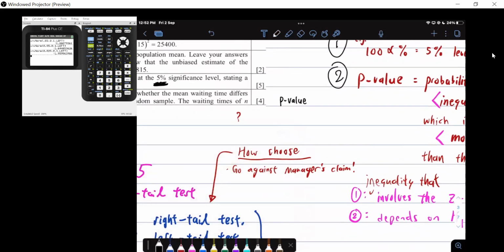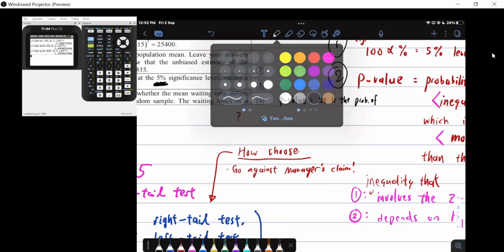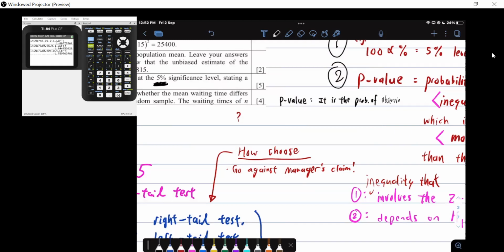P-value definition: it is the probability of observing a test statistic as extreme as or more extreme than the obtained value, given that H naught is true.